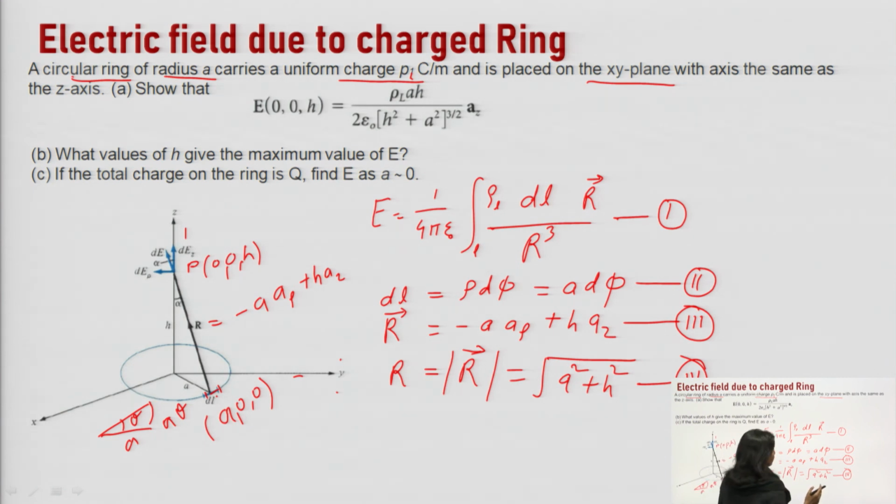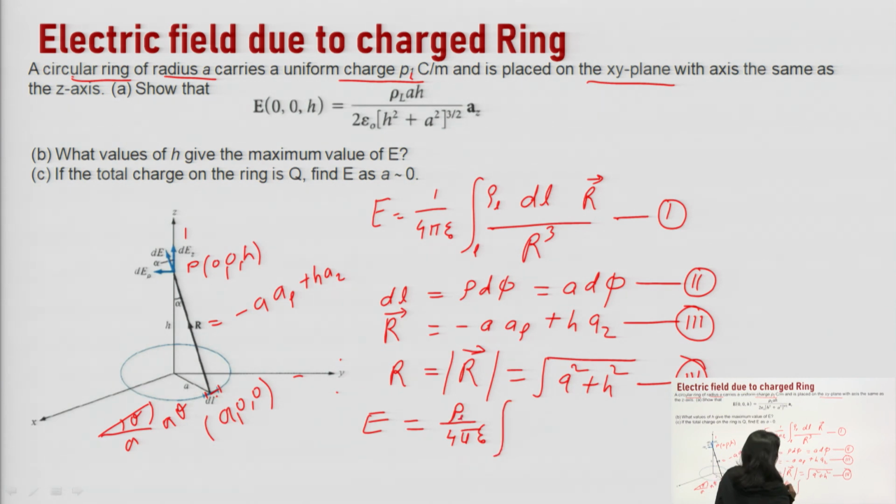Now put all the equations 2, 3, 4 in equation 1. Then we will get E will be 1 by 4 pi epsilon. rho L is a constant quantity, so we are going to take it outside.